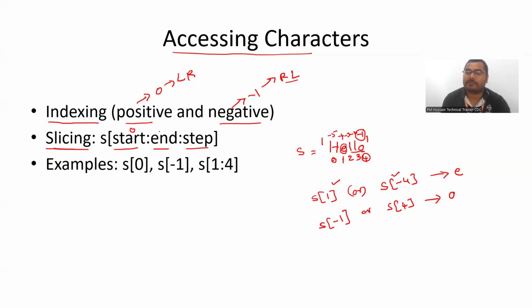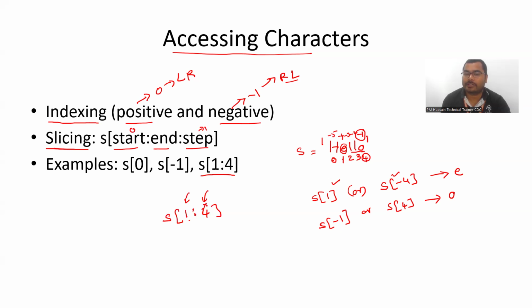If end is not specified, it is considered as the last character. And step is 1 by default. This is optional, so you can do slicing without specifying the step also. Simply saying, suppose s of 1 colon 4. The meaning of this is that we are accessing the string from index 1 up to 4, and 4 is not included here.